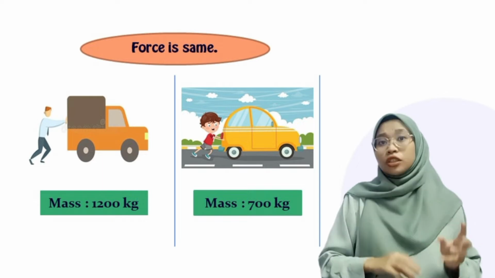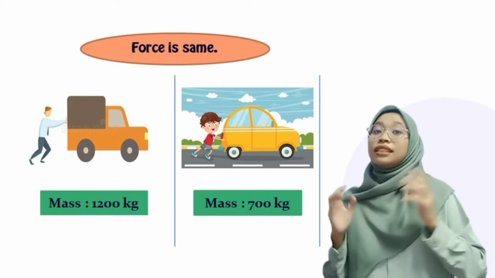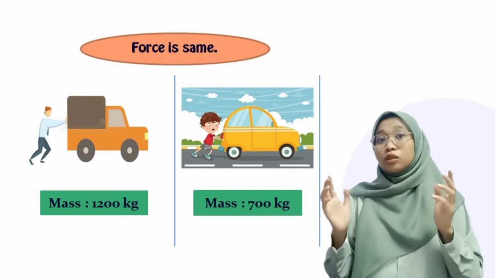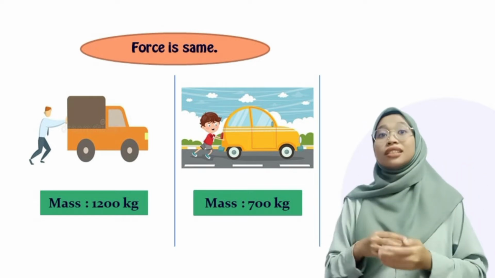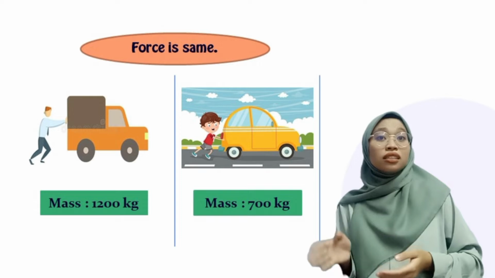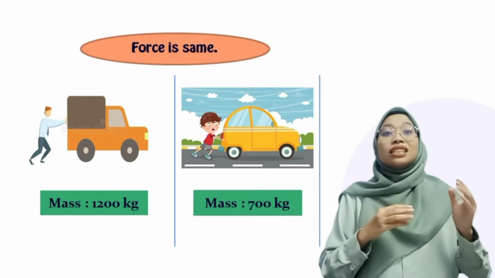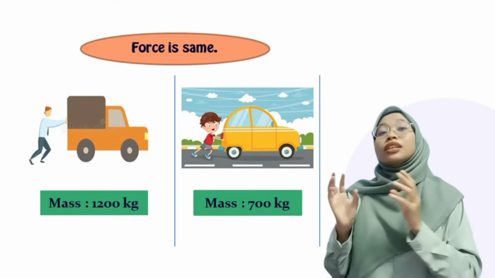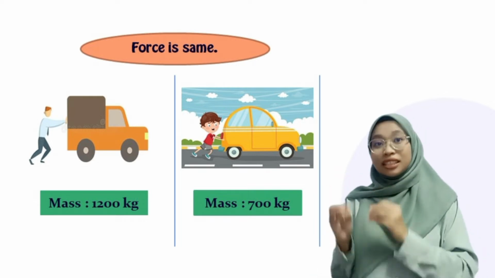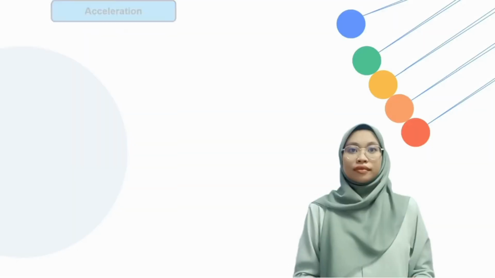The force of the men's push is the same. So in this situation, after the men push a car and a lorry with the same force, the car's movement is more accelerated than the lorry's because the mass of the car is less than the mass of the lorry.